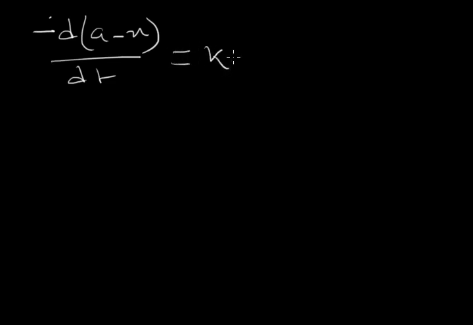Therefore, according to the rate equation, we can write minus d of (a minus x) by dt, that is, in place of concentration of A, we write a minus x. It is equal to some constant K into (a minus x) whole to the power n.